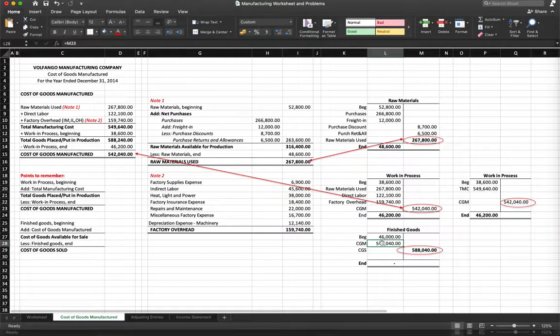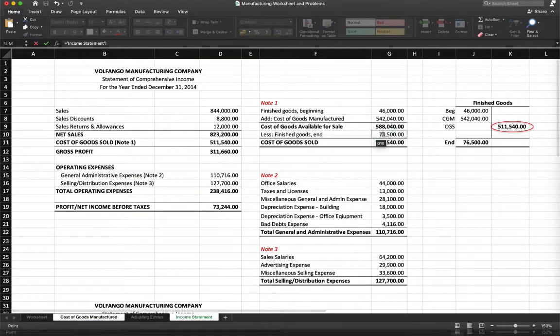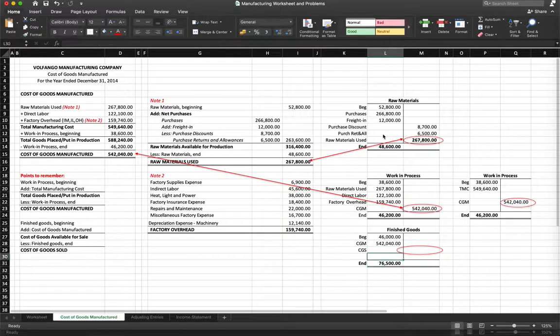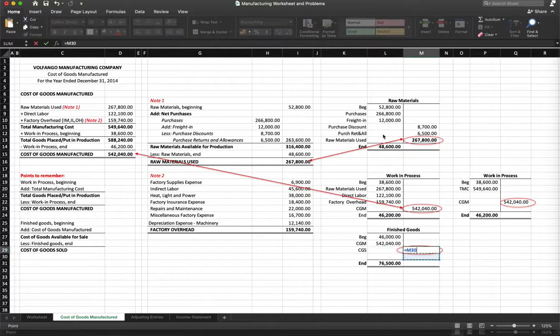Yan yung i-add mo sa finished goods. Then, less cost of goods sold is equal to your ending finished goods. Okay? So, to work back, ending finished goods less cost of goods manufactured less beginning balance finished goods.